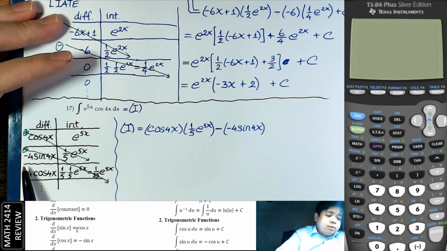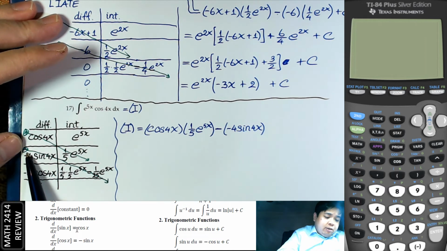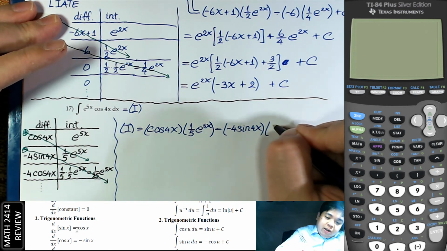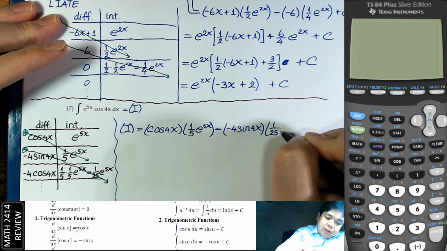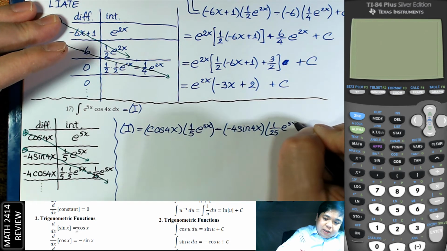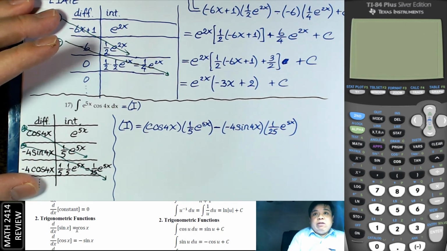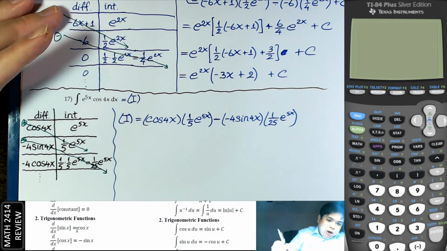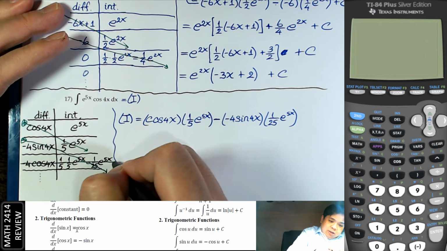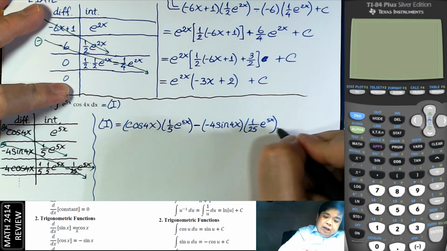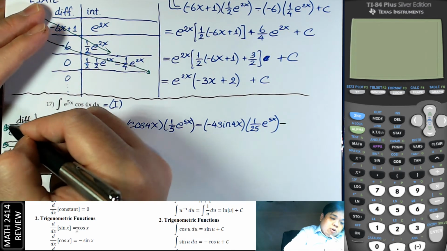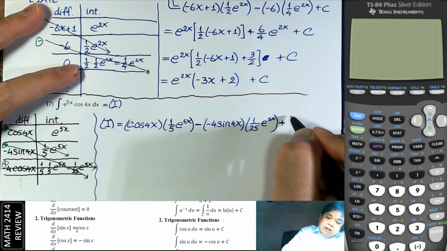Right, so subtract negative 4 sine 4x and 1 over 25 e to the 5x. We cannot do this forever because this will not go to 0. By the way, the next line is going to be positive, so positive, negative, positive with an integral.